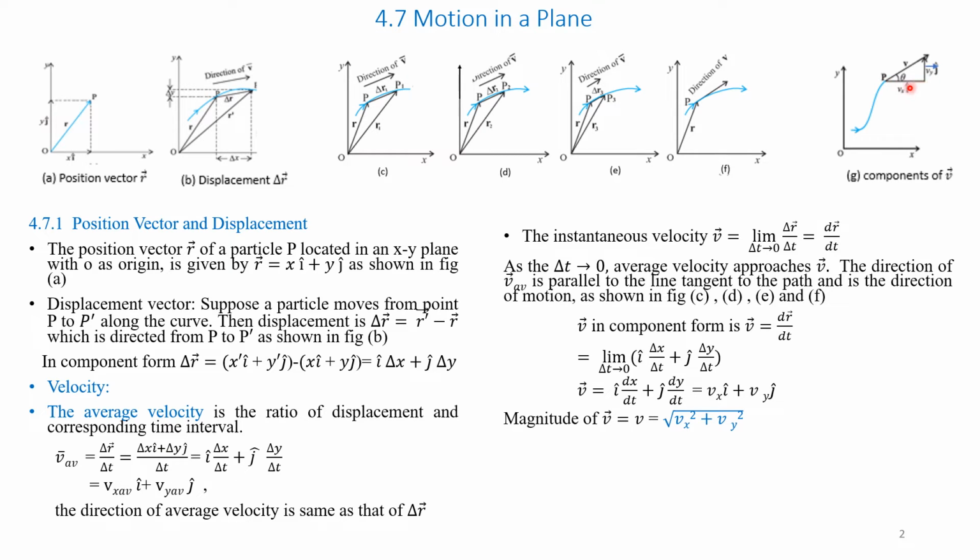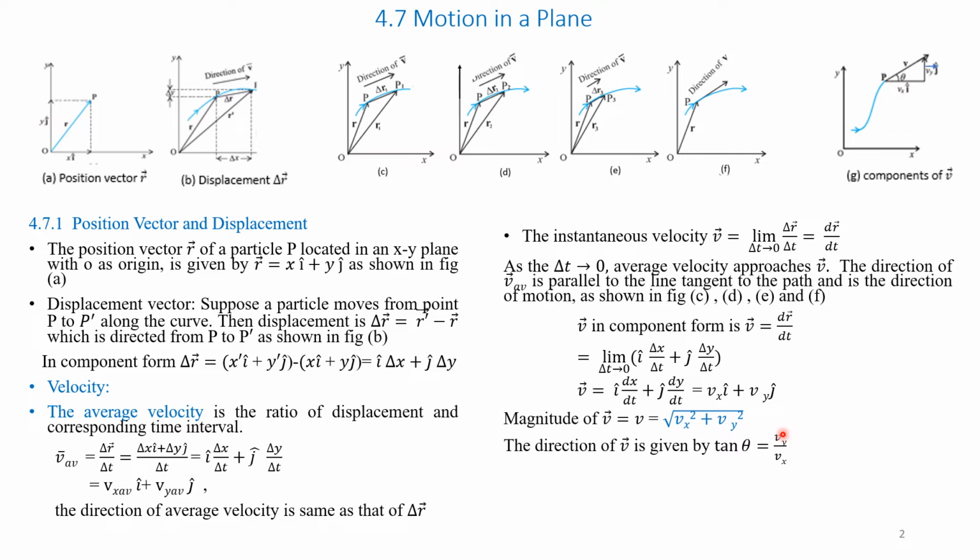vy and vx. Vx is the instantaneous velocity along the x direction, and vy is the velocity in the vertical direction, that is the y direction. And the angle between the velocity vector v and the horizontal is theta.